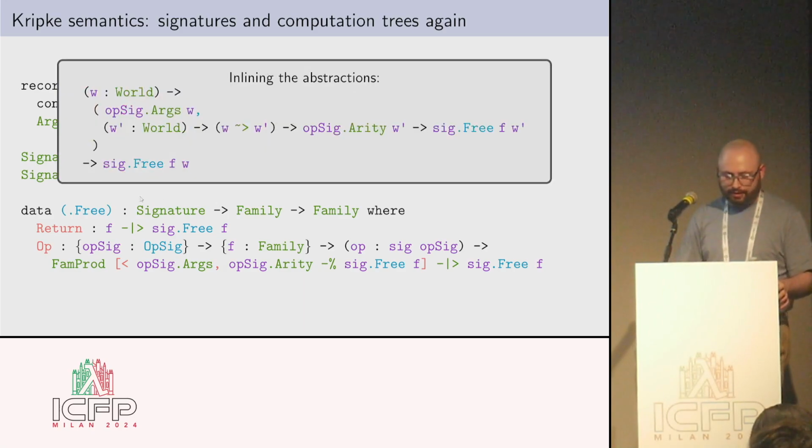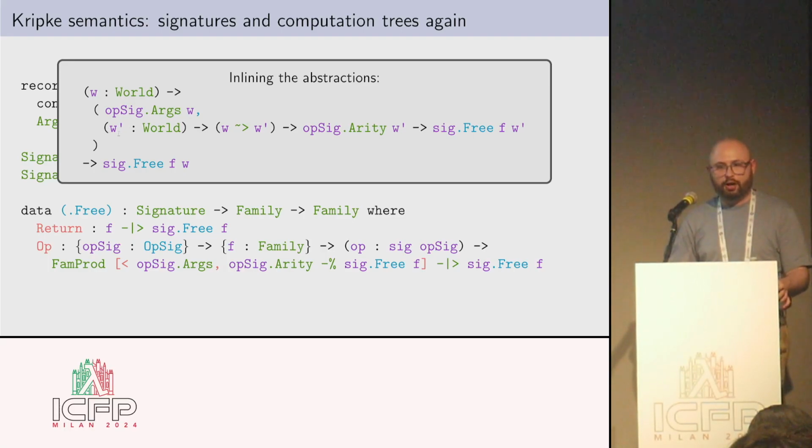So here I've inlined all the abstractions which I just defined, starting from this bottom line here. Looking at this bottom line, if I expand everything out, it says take a world and take something of the operation's arguments in this world, and then let's look at how we branch for the subtrees. So the branching of the subtrees, instead of just having arity, we now have two different other things which we can branch on.